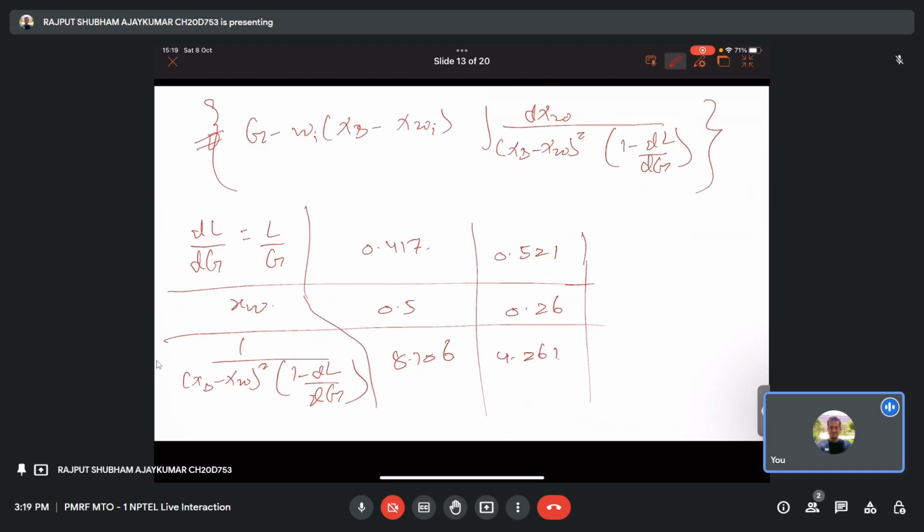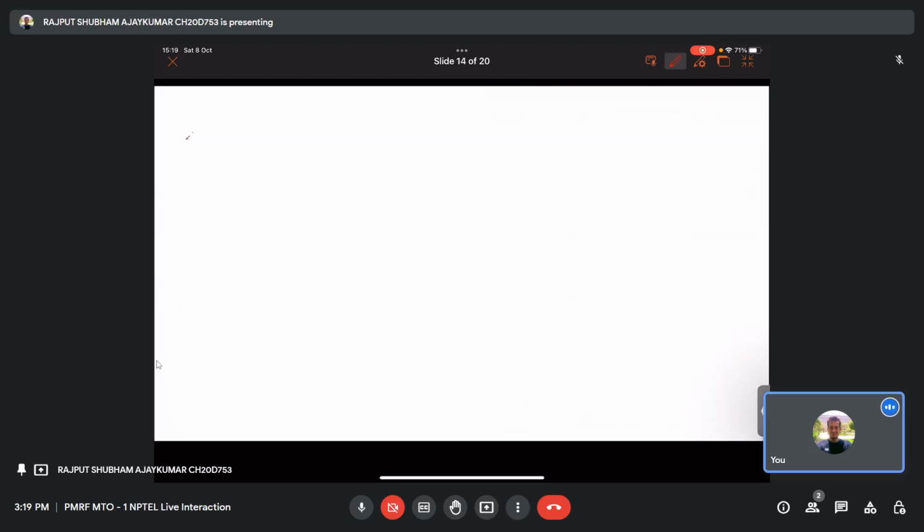And after this, the total number of moles of vapor. After determining the integral of the above equation, the total mole of vapor will be given as 100 into 0.96 minus 0.5.